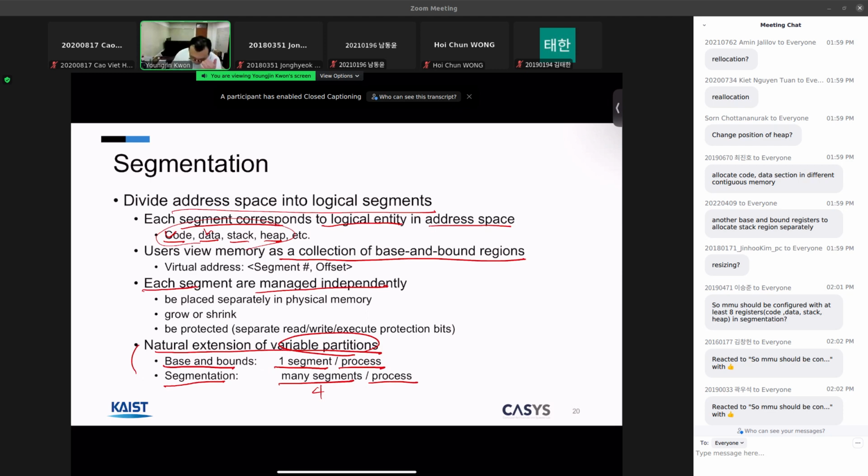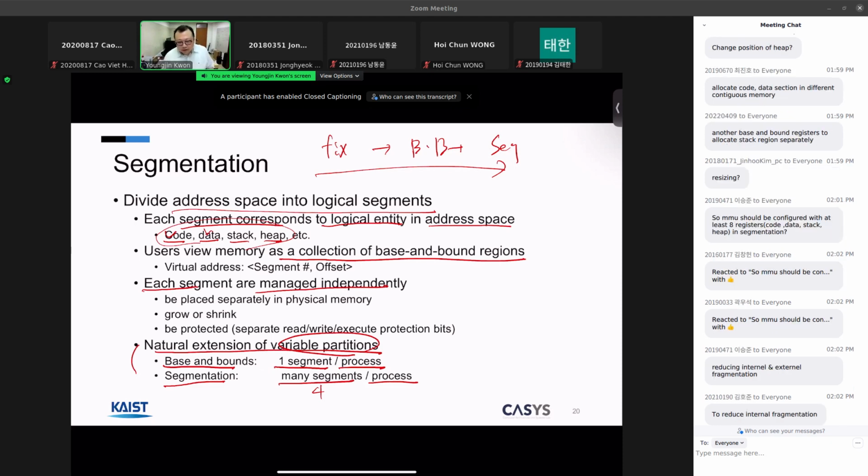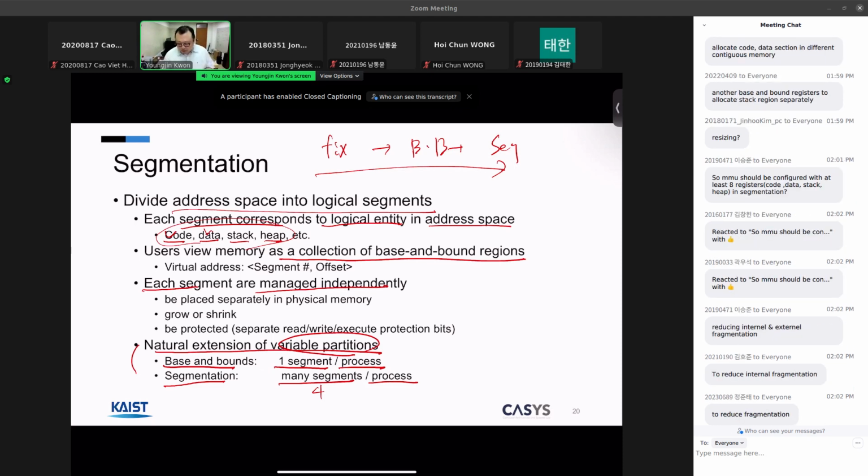So let's take a look at the idea: fixed, base and bound, segmentation. As this mapping mechanism evolves, what does it mean? What is the key factor in the direction of evolution?